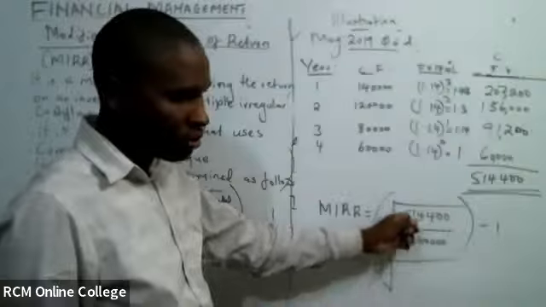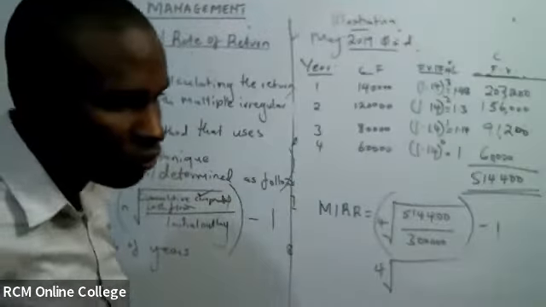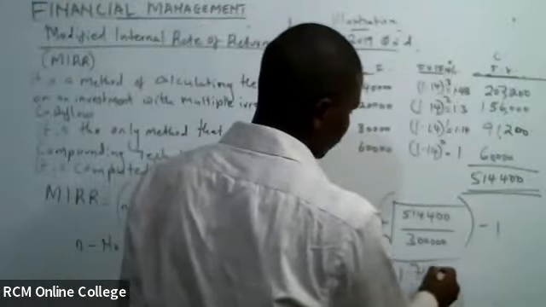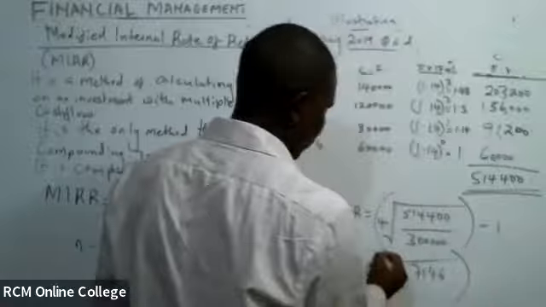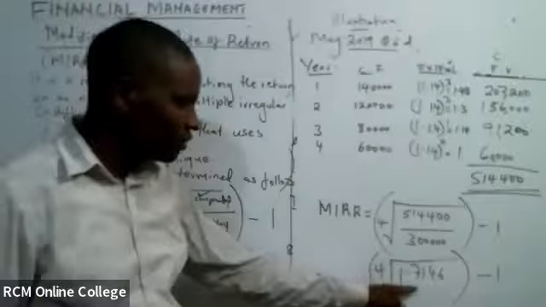This divided by this, somebody. Inside first. 1.7146. 1.7146. Okay, find the fourth root of that and then subtract 1. What is the fourth root of this?